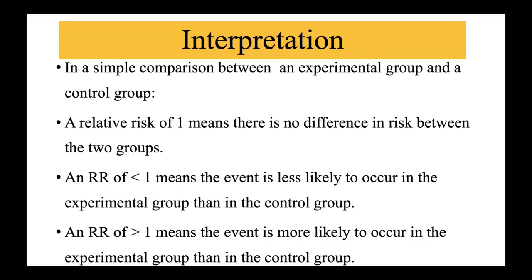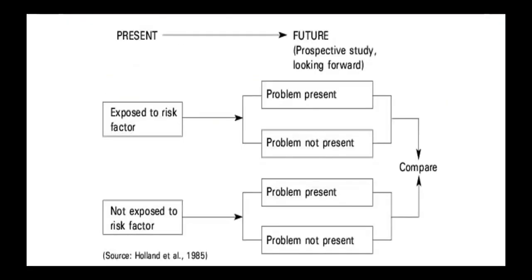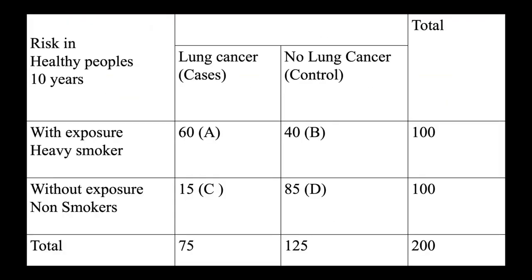So the relative risk is relative. And if in this question, with exposure there are 15 and without exposure there are 60, again we have to calculate the relative risk.